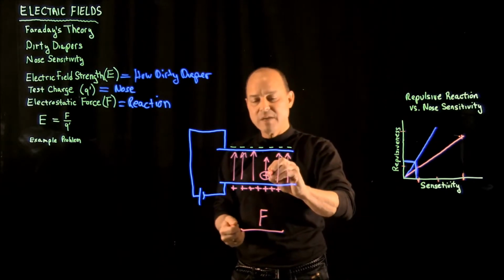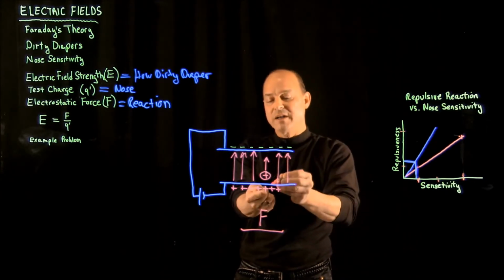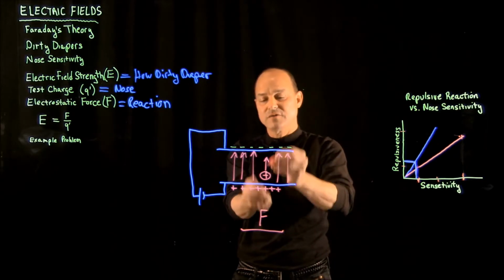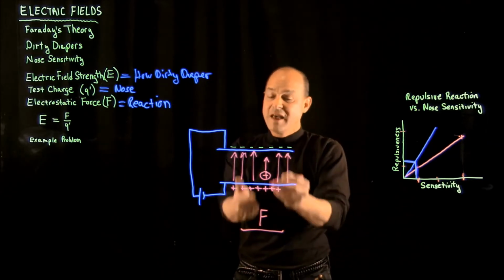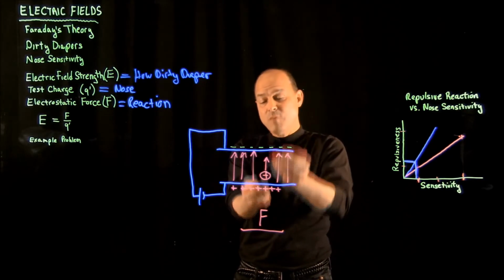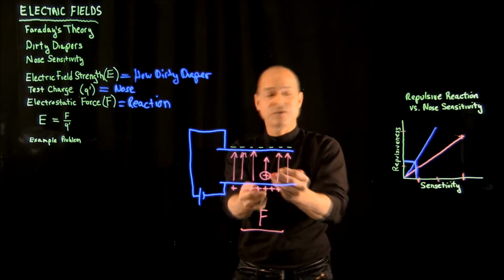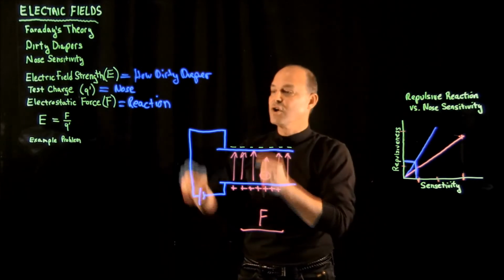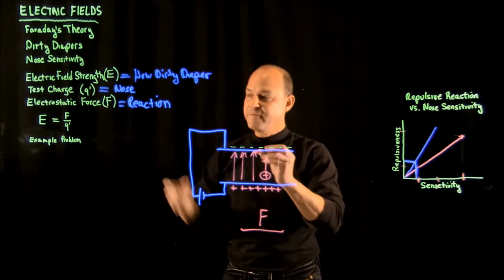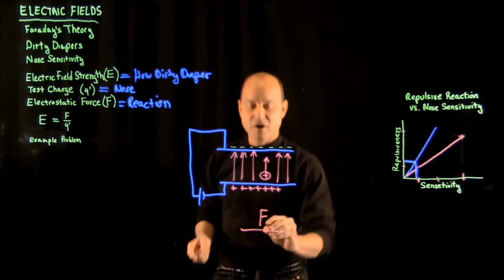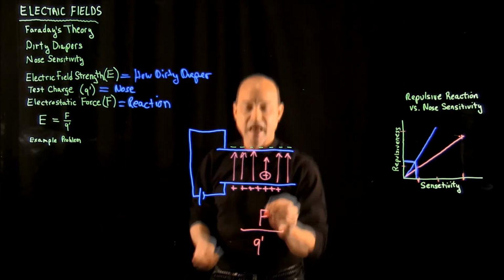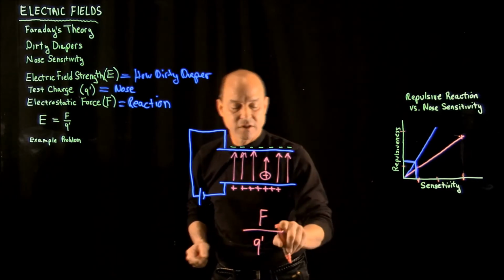If this was a teeny tiny particle, then it's going to respond less to these positive charges and negative charges that it's in close proximity to. If it was a larger charge, then there would be more of a repulsive reaction to the plus, just like your nose sensitivity. So the value, the size of the test charge, we have to include that when we're trying to calculate the electric field strength.